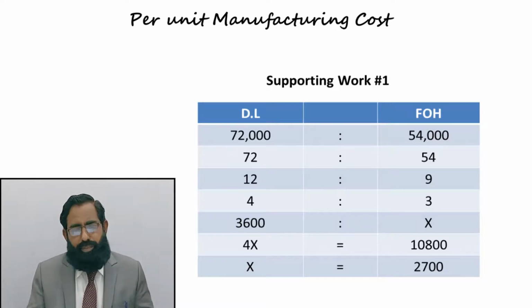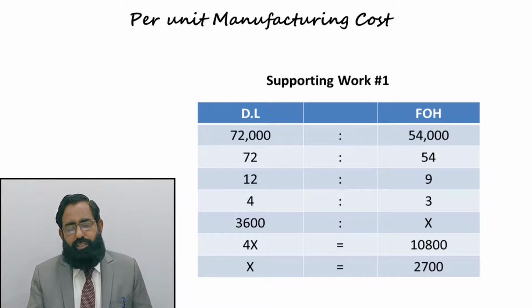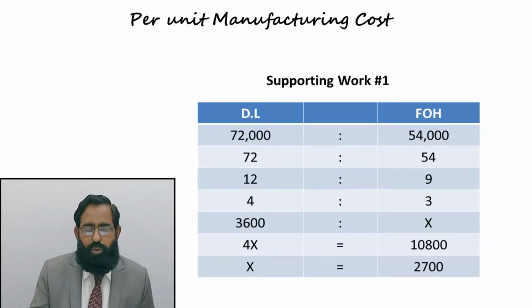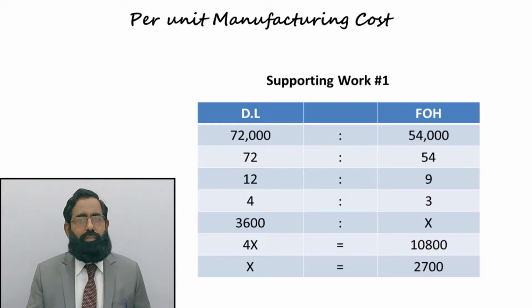By cross multiplication 4x is equal to 10,800. 4 multiplied by x, 4x is equal to 3 multiplied by 3600, 10,800, and x is equal to, अब 10,800 will be divided by 4, it comes ₹2,700. This is the value of FOH.